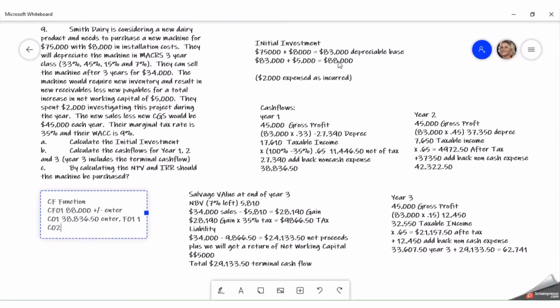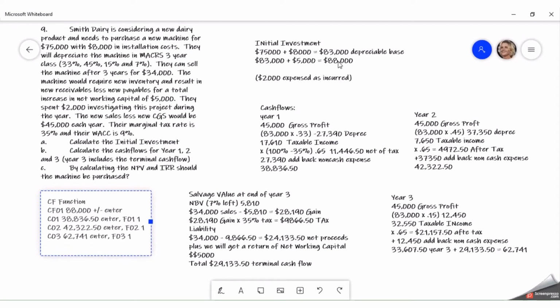Cash flow for year 2 is 42,322.50. Hit enter, and that 2 is a frequency of 1. And then the cash flow for year 3 is going to be 62,741. Enter, and that is a frequency of 1.